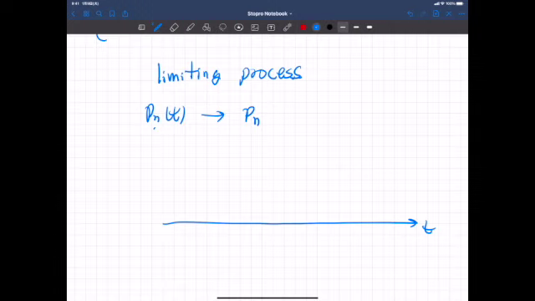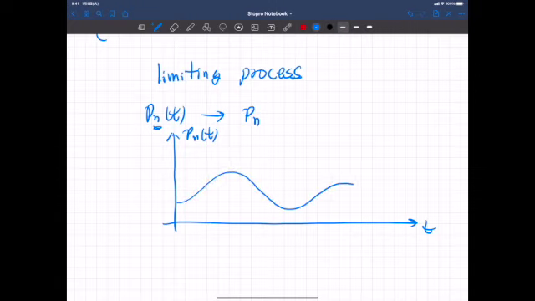So if we plot this graph, it should look like something like this. This is time t, and for each n, we can plot this probability. Then it may look like, for example, it may oscillate, but if you take the long-term limit, then it will converge to some value, hopefully.